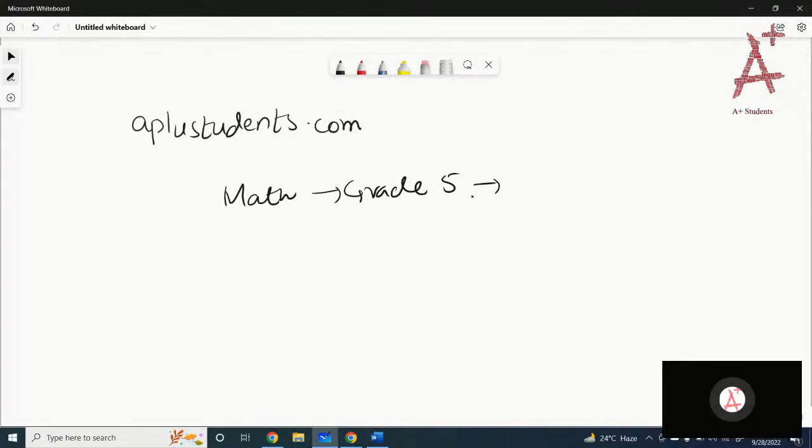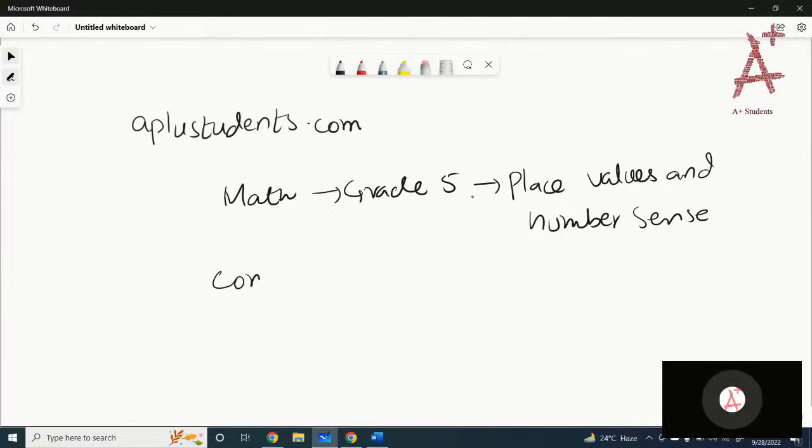So we are on the first chapter, that is place values and number sense. And the topic we are going to start today is compare integers. You can find the topic. The lesson we are going to start with is compare integers.